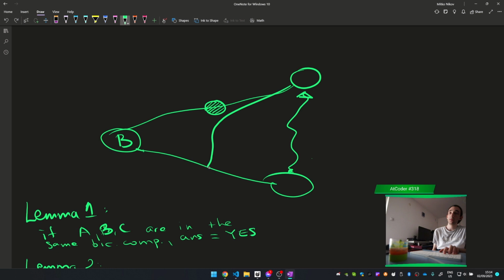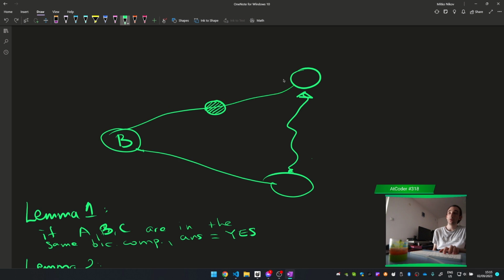But what if I have something like this? What happens? If I don't reach B from there, in any of these nodes, then it means that there is some articulation point here.